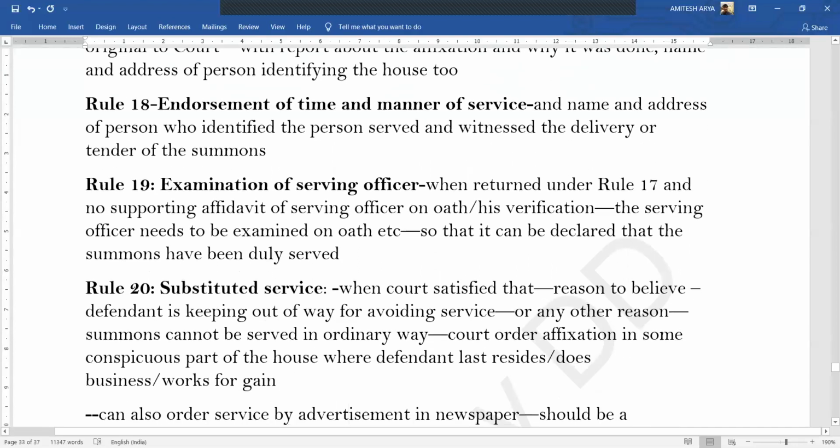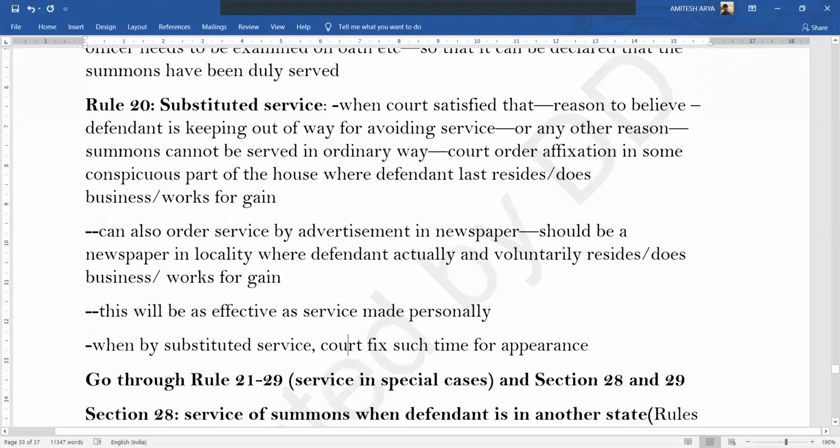And rule number 20 is about substituted service. Rule 20 states that when the court is satisfied that there's reason to believe that the defendant is trying his best to avoid service, or there's any other reason that you cannot serve the summons in an ordinary way, then you can order affixation on the part of his house where he was last residing or where he does business, gain, etc. And also service by advertisement in a newspaper in a locality where that person actually voluntarily resides or does business, gain, etc. And this type of substituted service will also be effective as service made personally.